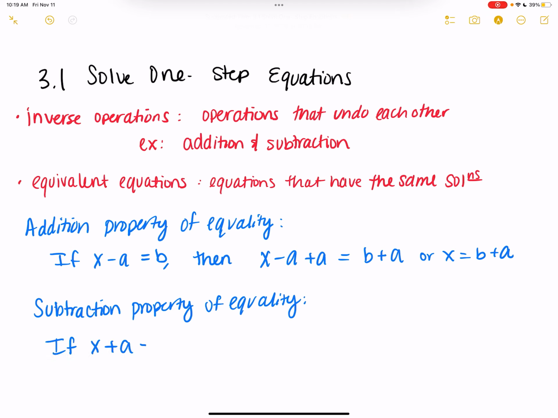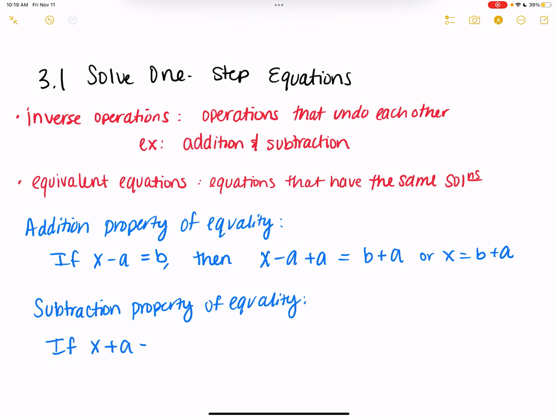Then we have the multiplication property of equality. This one says if x over a, so x divided by a, equals b, and a is not equal to 0, because we cannot have a 0 in the denominator.